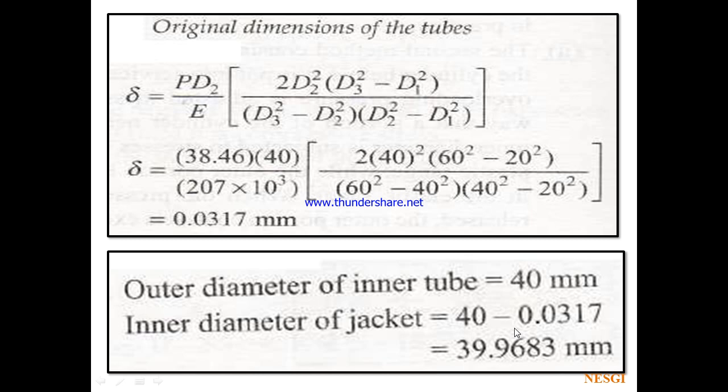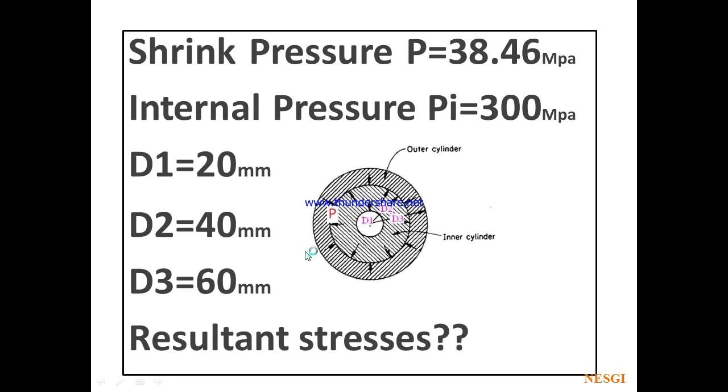Inner diameter of jacket is given by D2 minus delta, that is 40 minus 0.0317. So it will be 39.9683 mm. So that is the first problem.